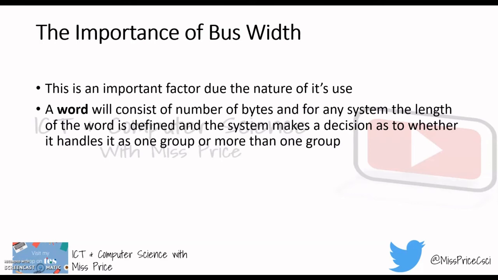If it's one group and it's too big, it may take longer to be transferred, which isn't, by today's standards, sufficient. So the computer needs to decide whether it should break it down into more than one group and then transfer it so it can get to the memory, the CPU or your output device quicker.